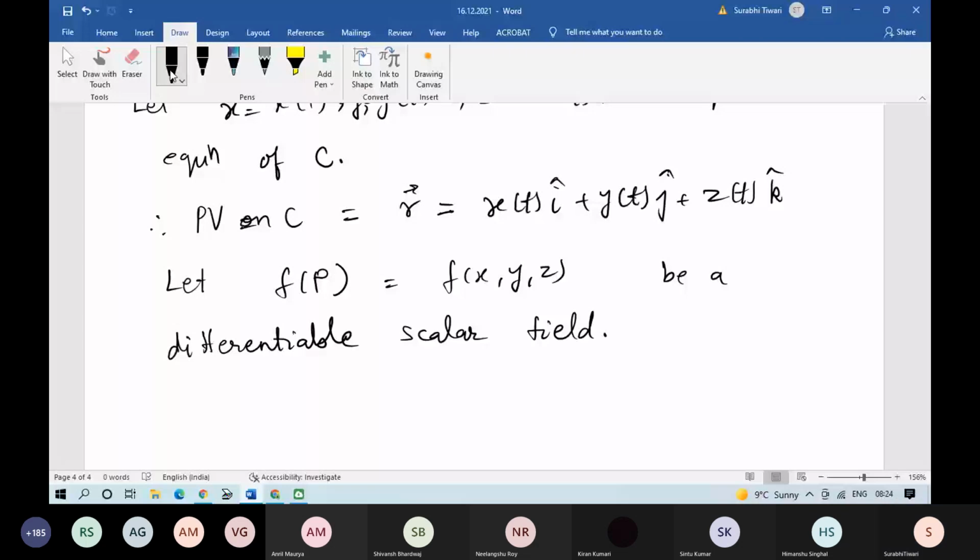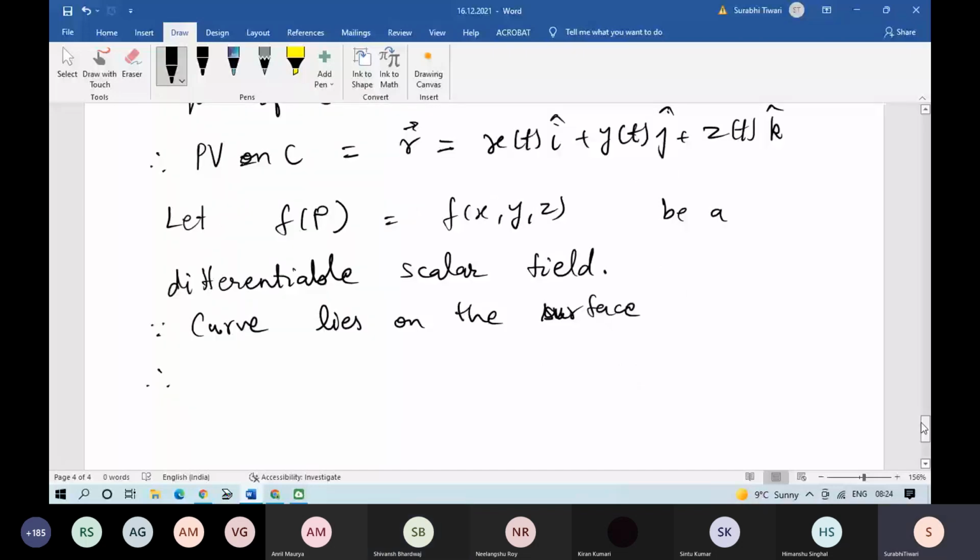Now, since the curve lies on the surface, therefore f(x(t), y(t), z(t)) will satisfy the equation of the surface.